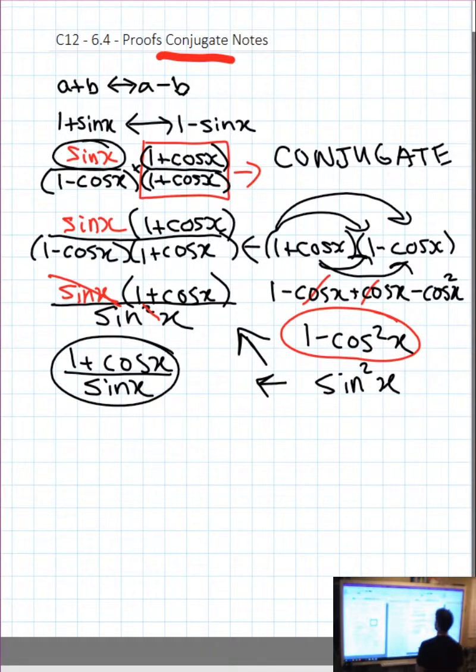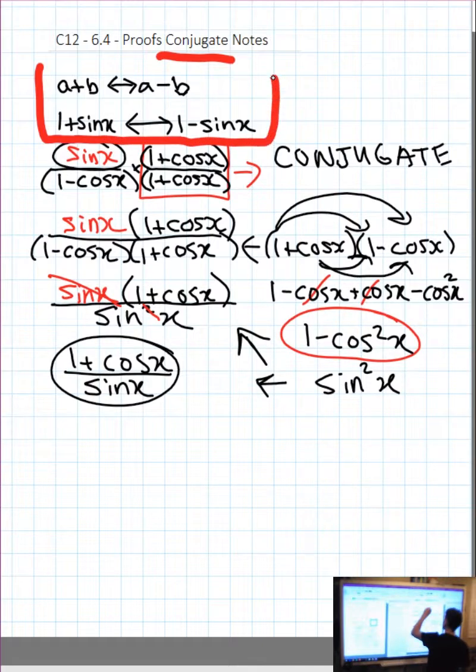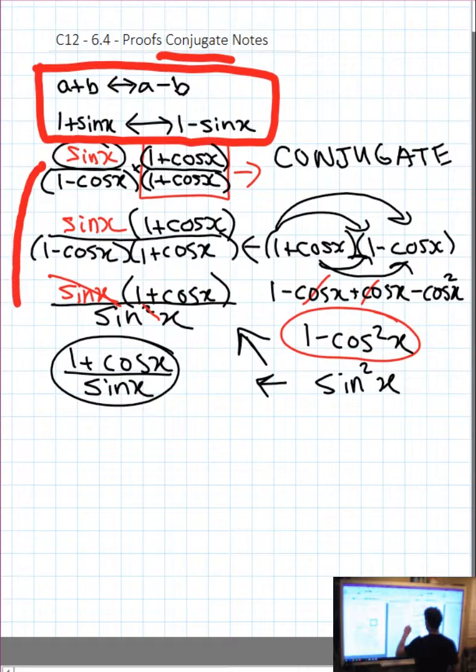So where have we come from? Well, we came from the question that we began with after we introduced the conjugate in algebra and with trig functions. Then we did the method, multiplying the top and bottom by the conjugate of the denominator.